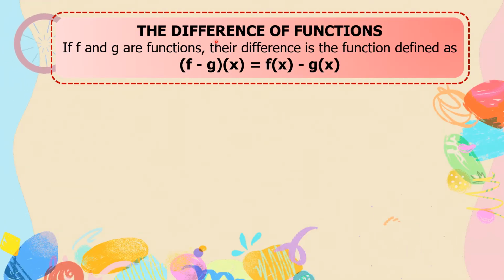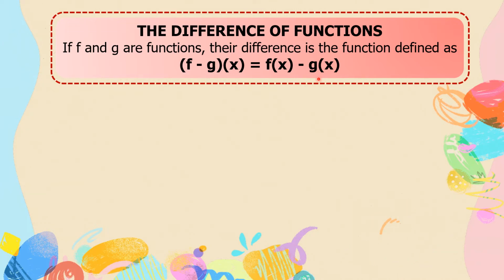So sa difference of functions naman tayo. So paano nga ba kukunin ang difference of functions? So if f and g are functions, their difference is the function defined as f minus g of x is equal to f of x minus g of x.